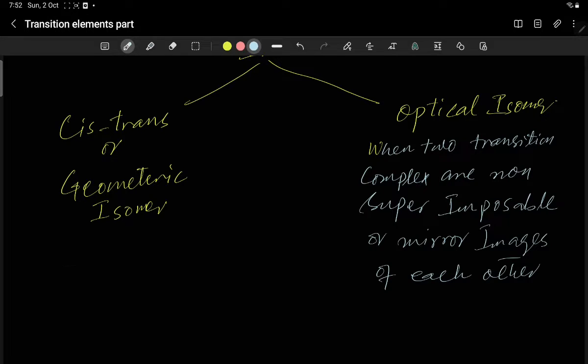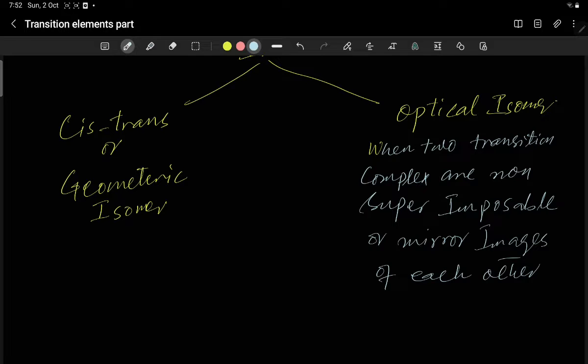Complex molecules do not have double bonds, but they can still have geometric isomers when two pairs of different ligands are attached in a square planar structure. They exhibit cis-trans isomerism.